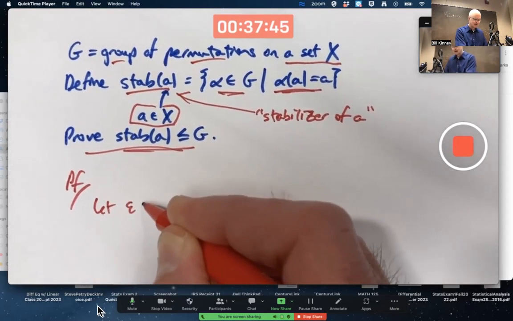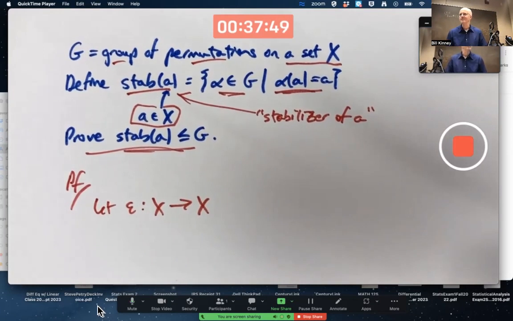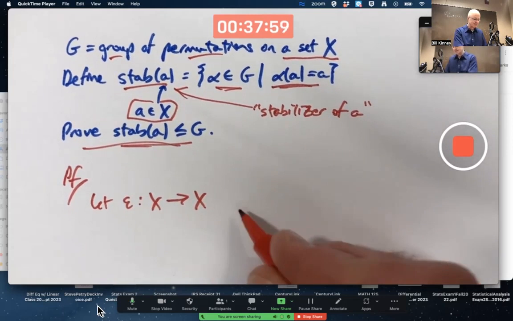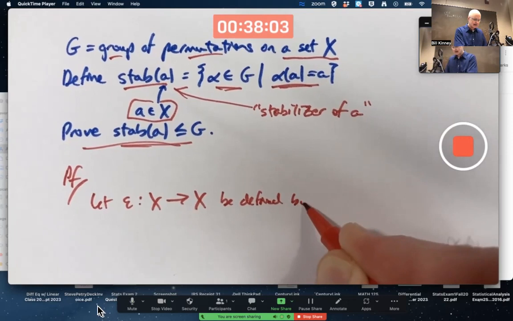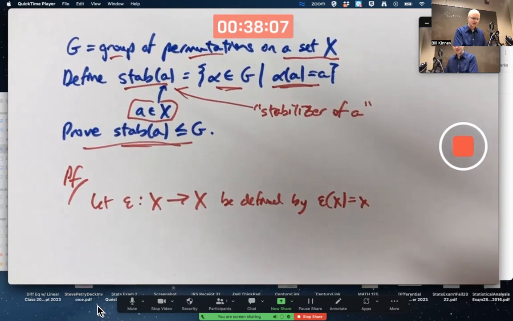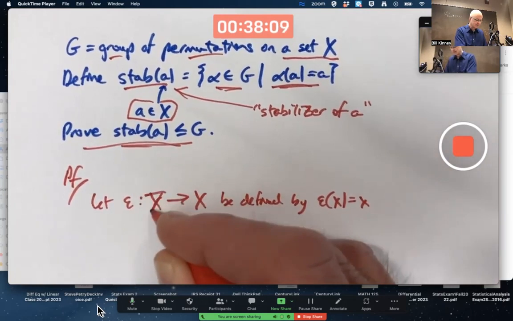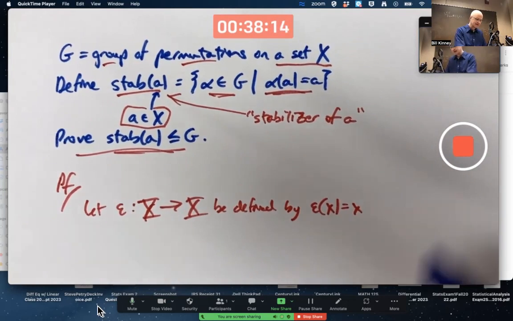I'm going to go ahead and state it here as part of the proof, but you wouldn't have to state what I'm about to say as part of a proof if I put this on the test. Let epsilon from X to X be defined by the formula that it maps everything to itself. So this is a capital X here, and that's a lowercase x. Capital X is the set.